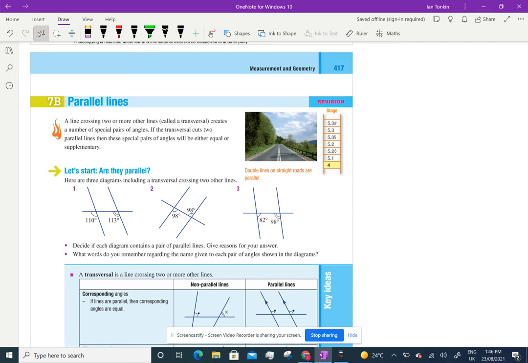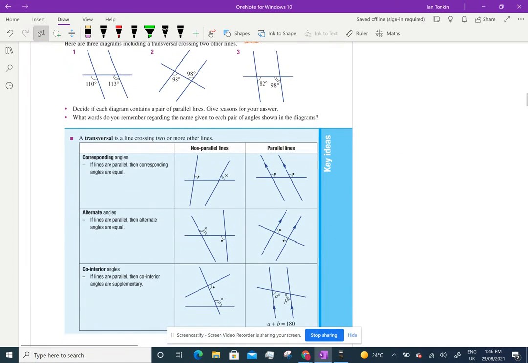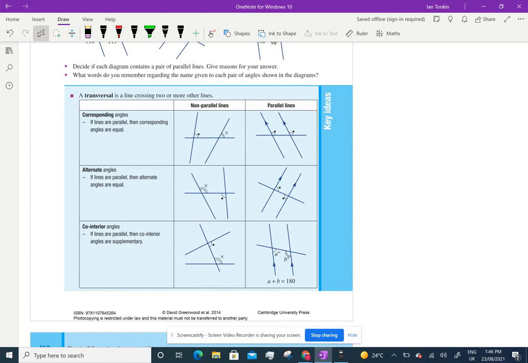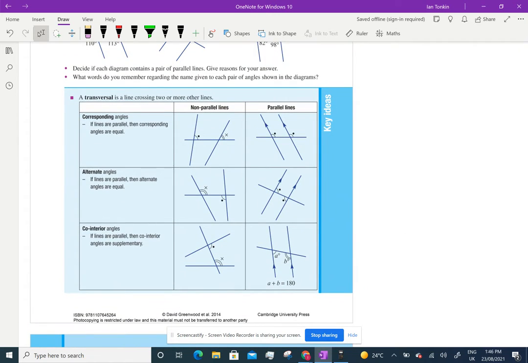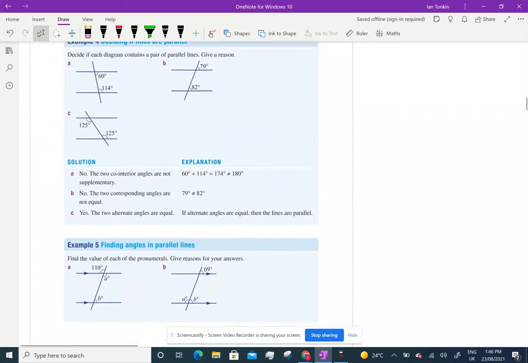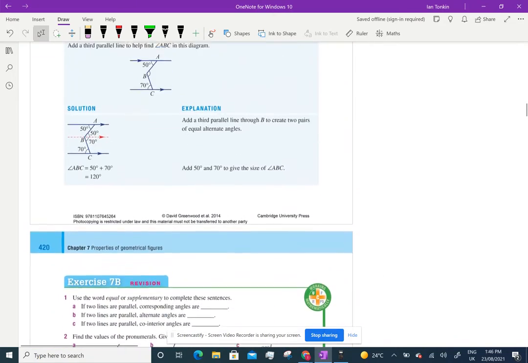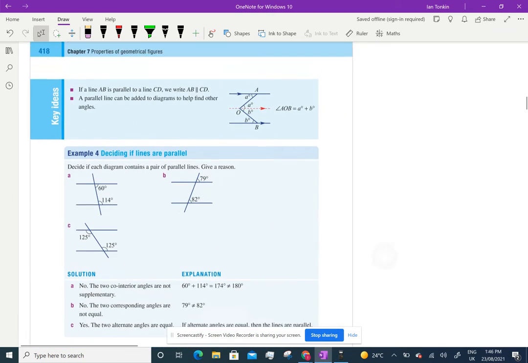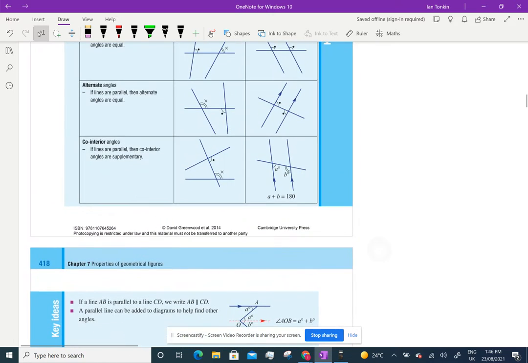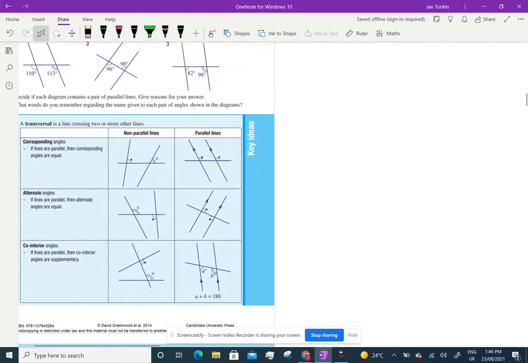Some people like to define them as two lines that will never meet, although that doesn't happen in our universe because eventually all those things will meet. Now, we're going to talk about corresponding, alternate and co-interior angles. Again, you did this in Year 8, but we're going straight down to, did they have it there? Do they have the notes there? All right. So you need to make sure you have these.